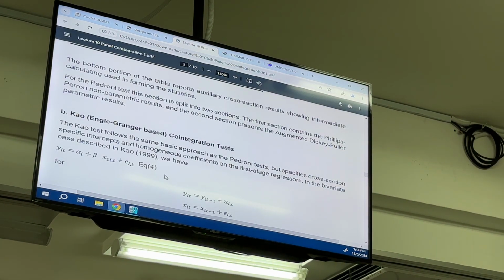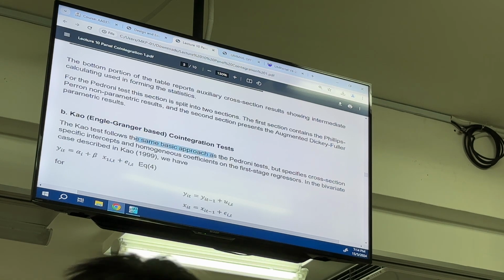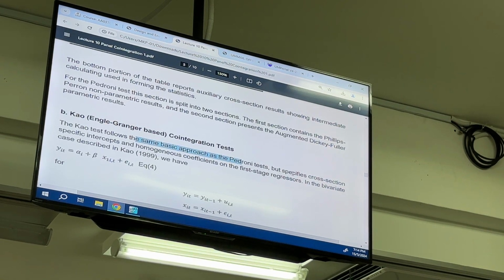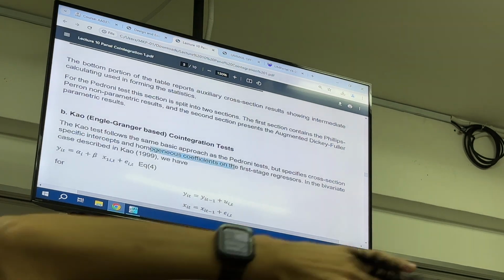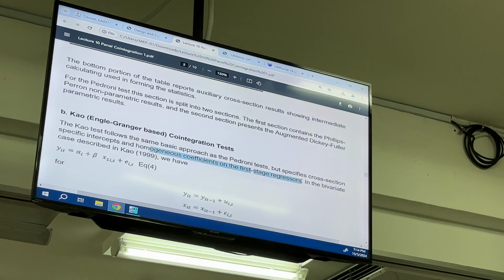Okay, now we move to the second one, the Kao test. This is also based on the Engle-Granger based cointegration test. So what is the difference here? The Kao test follows the same basic approach as Pedroni, but specifies cross-section specific intercepts and a homogeneous coefficient on the first stage regression.